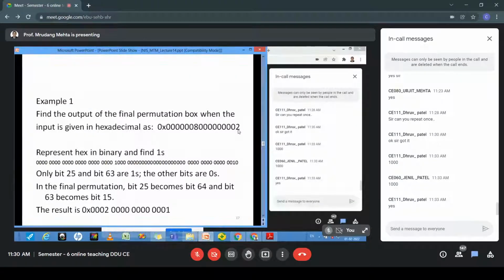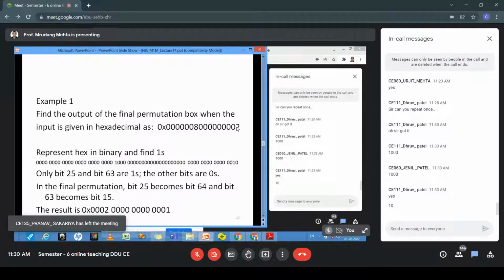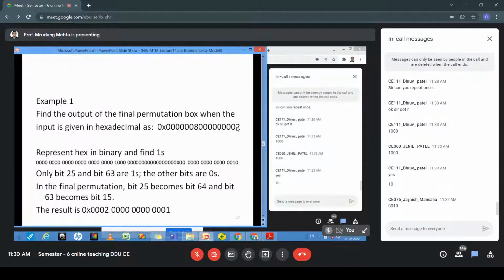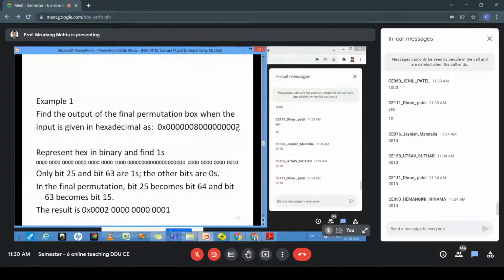What is the binary equivalent of 2 in 4-bit representation? 0010. Yes, that is exactly what you can see here. The last 4 bits are 0010.